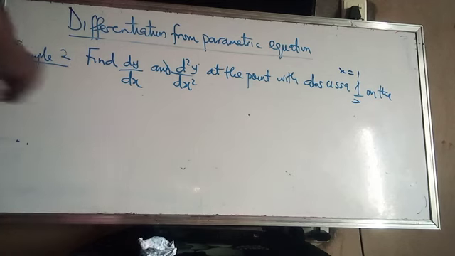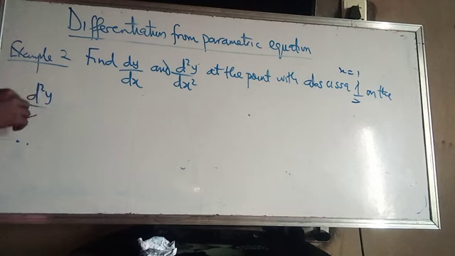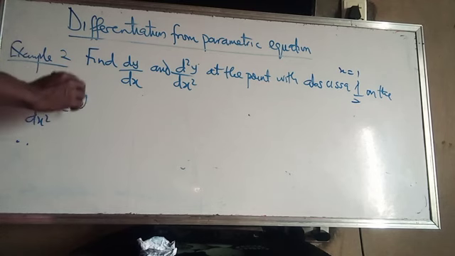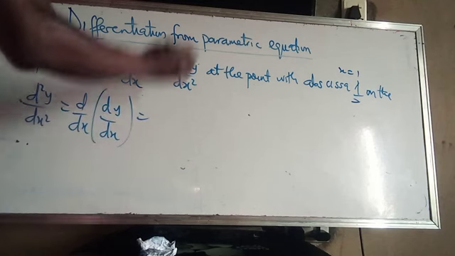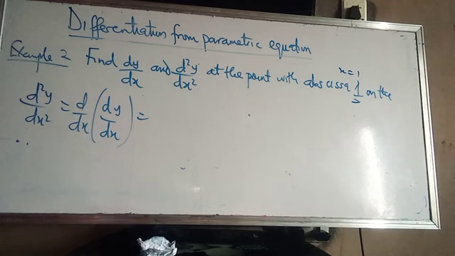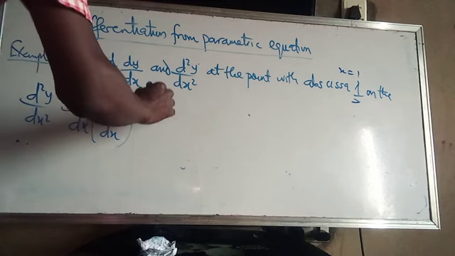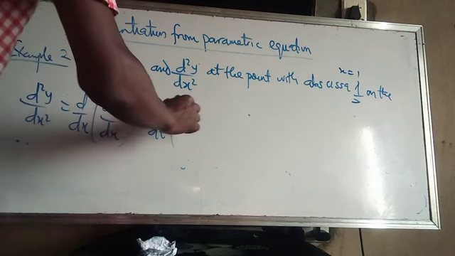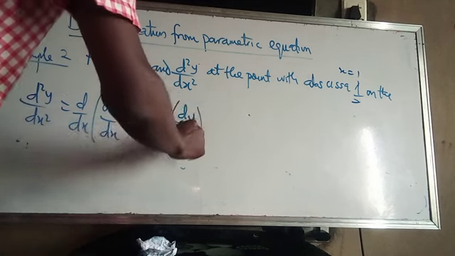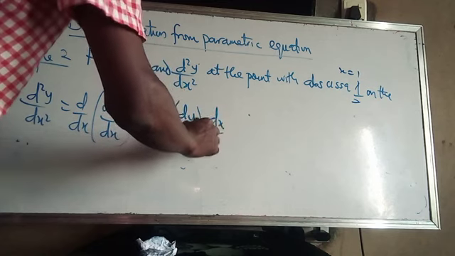Now, how do we find d²y/dx²? The d²y/dx² is the same thing as d/dx of dy/dx. Yes, you want to differentiate again. And this could be the same thing as d/dt of dy/dx times dt/dx.